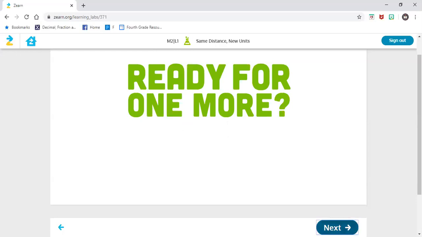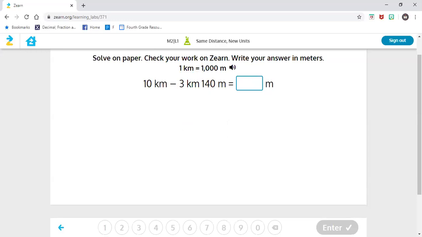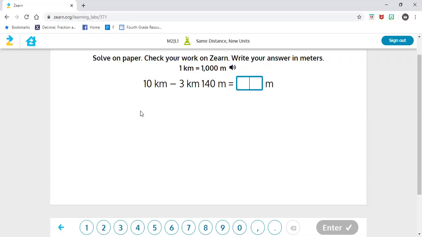Are we ready for one more? I think we can do one more. I'm ready. You ready? All right, so this time we're going to subtract. You know, regardless if we're adding or subtracting, the converting of the units stays the same. Okay, so we're going to convert our kilometers to meters.